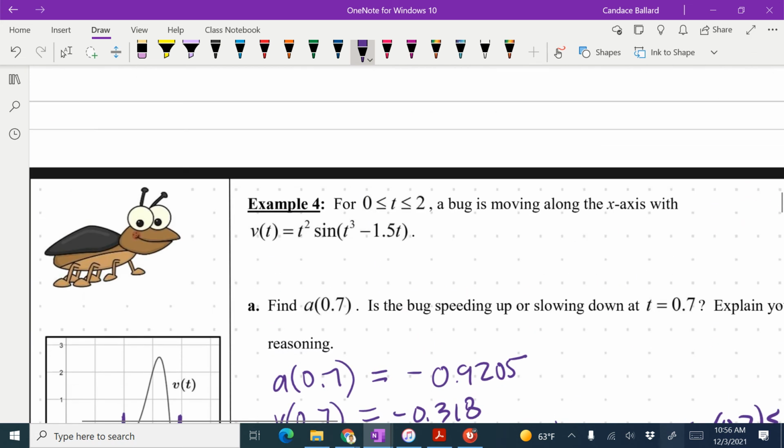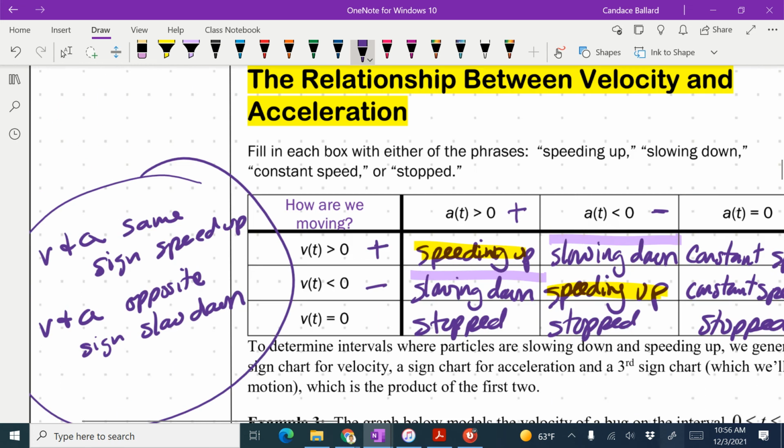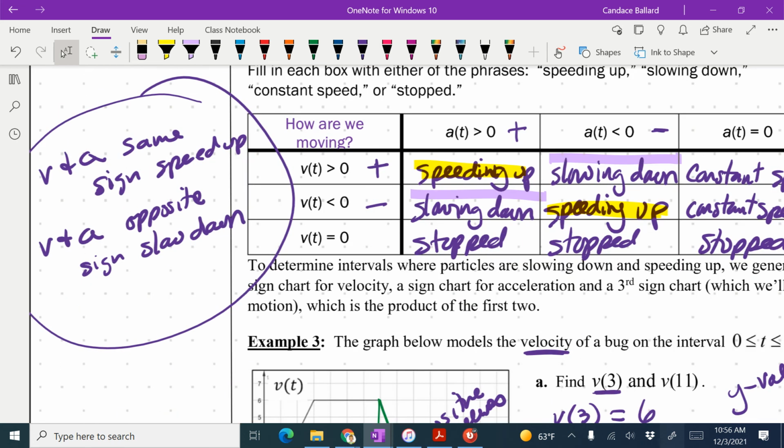So if the bug is stopped, let's go back up to that chart we had before. The bug is stopped. What does that mean about the velocity? It's equal to 0, right? So when we're at rest, that's another word for stopped. That means our velocity has to be equal to 0. Okay?